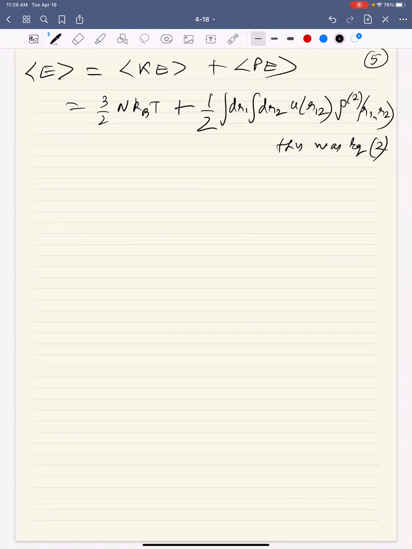Here's a question. If a system has only pair interactions, does this mean that the system will always be arranged in a spherically symmetric manner?